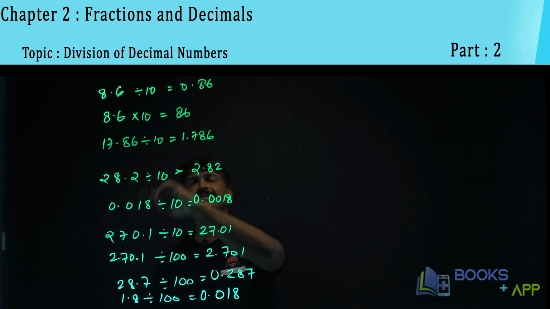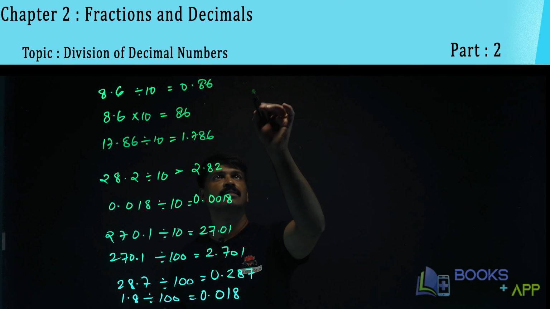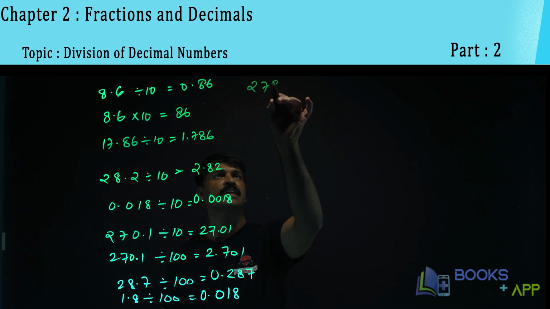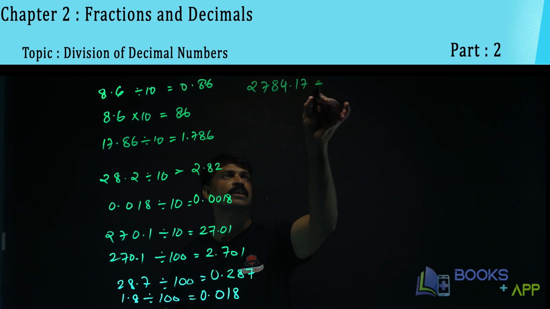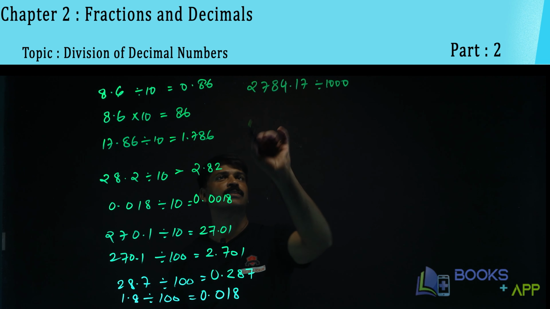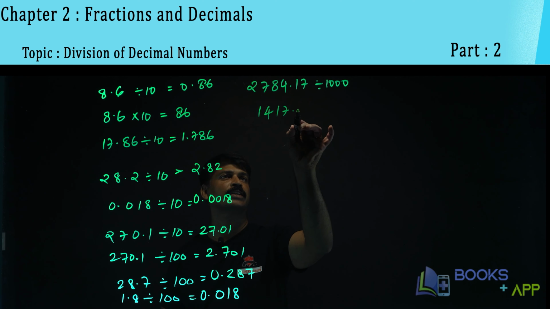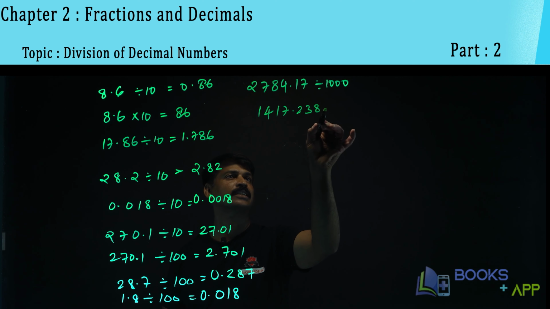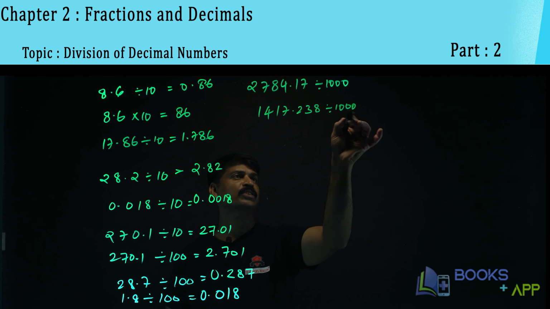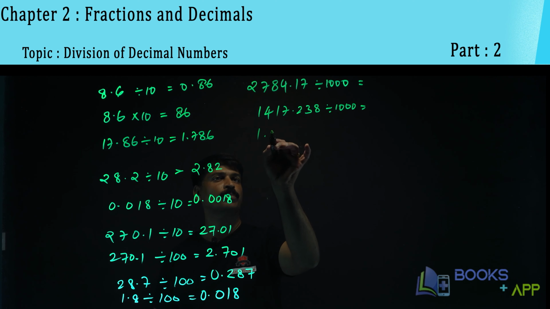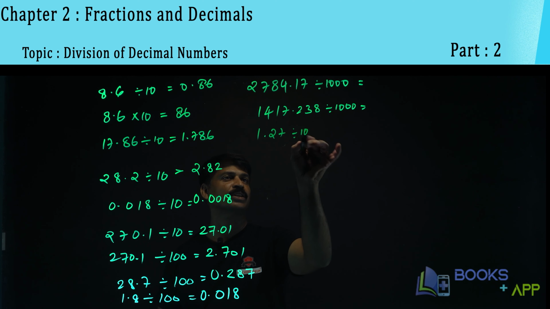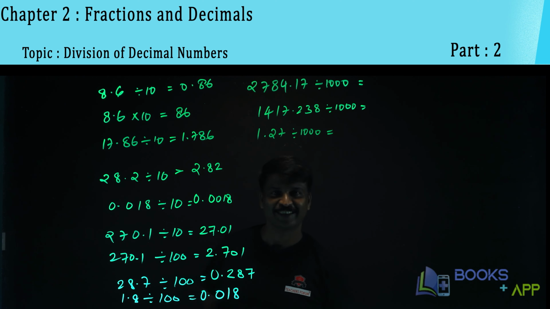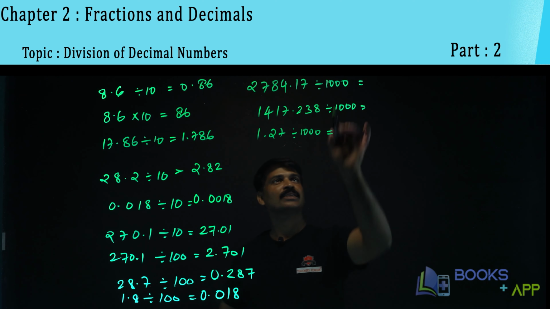Now how to divide decimal numbers by 1000? Let us see. 2784.17 divided by 1000. What is the answer? Or 1417.238 divided by 1000. Or 1.27 divided by 1000. Tell me the first case. What is the answer? 3 positions.